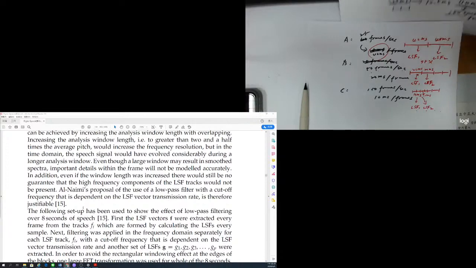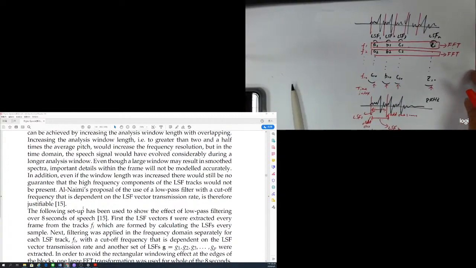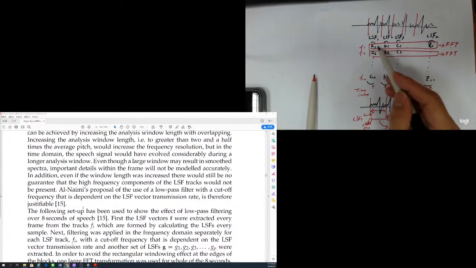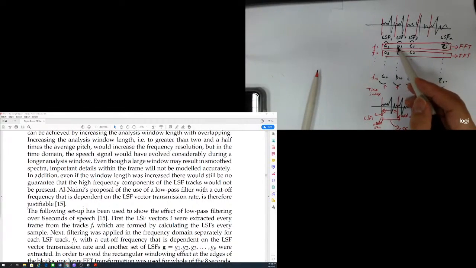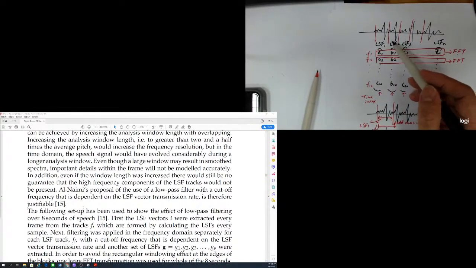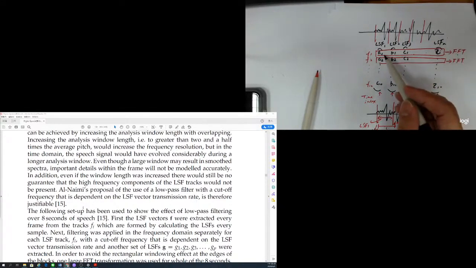What they want to do here is that inter-prediction uses neighboring correlation, but the line spectrum frequency is a subsample of your original waveform, and it still includes some high frequency variation, depending on how you sample it.